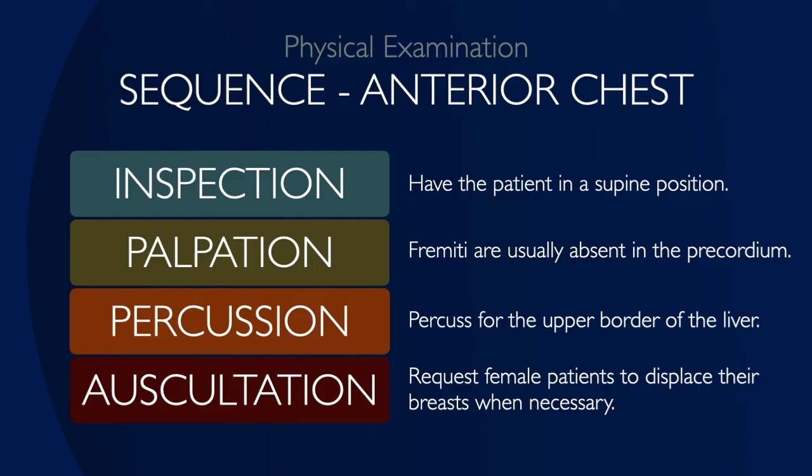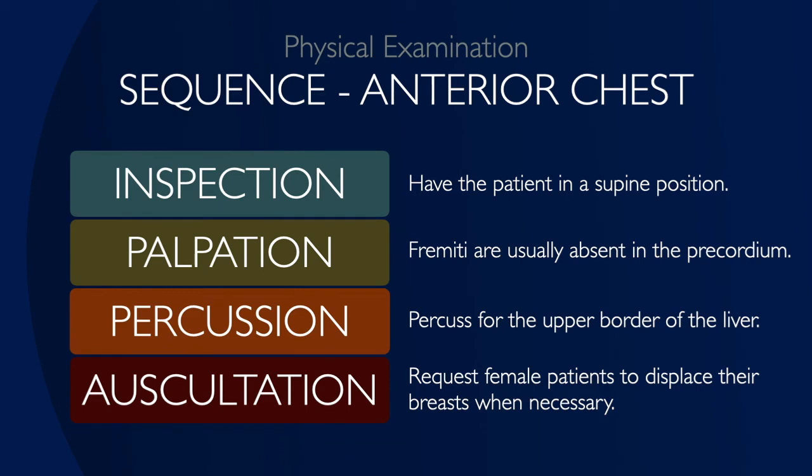But anyway, assessing the upper border of the liver can be part of the chest examination. And finally, auscultation, especially for female patients, you can request your female patients to kindly displace their breasts to one side or the other as necessary for you to properly listen to their lungs.